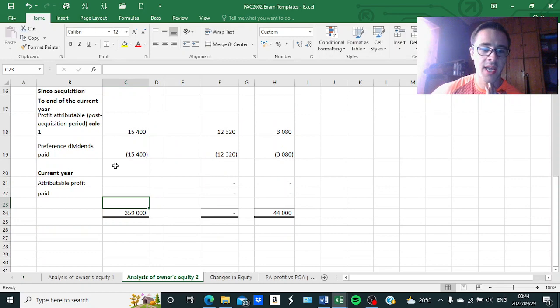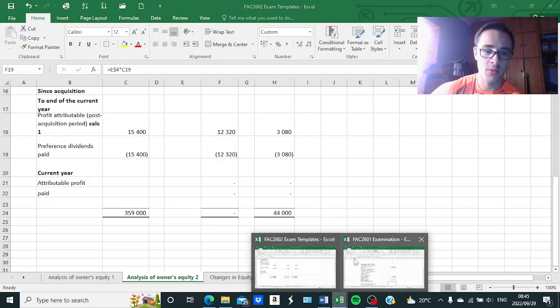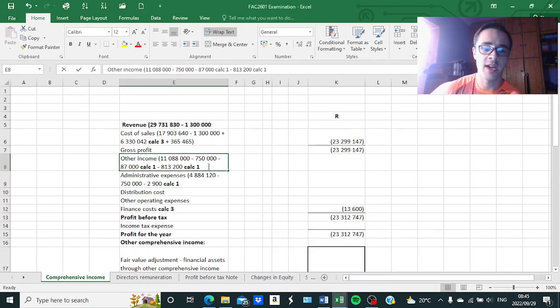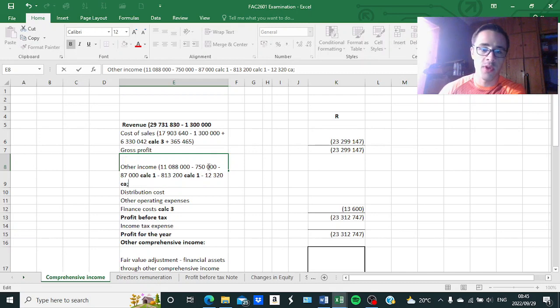Once again, we need to remove the intergroup dividends paid to Renet Limited because the group cannot pay dividends to itself. So the 12,320 was paid to the parent and will be included in its other income. Therefore, in the consolidated statement of profit or loss, you need to subtract the amount of preference dividends paid intergroup, which is 12,320, and we have calculated that amount in calculation 2.